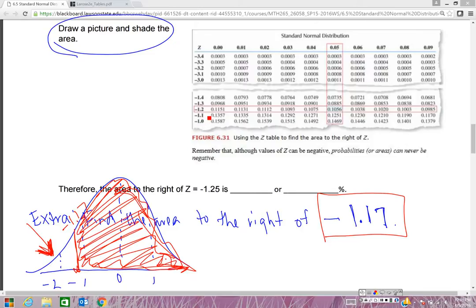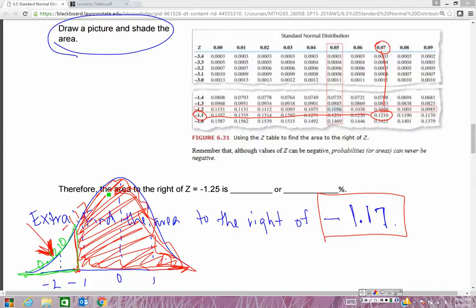We just find negative 1.17 and we find our 0.07, which is here. And we find the intersection of those two numbers. So what we get is that the area to the left is 0.1210. That's the area that's to the left.